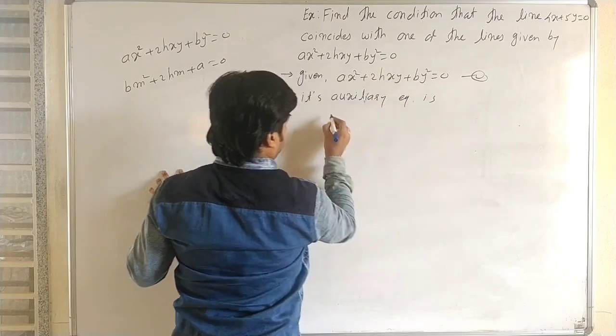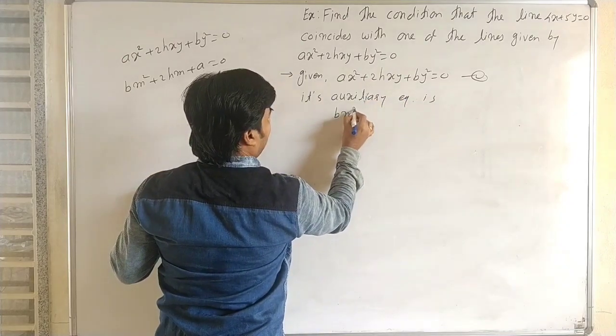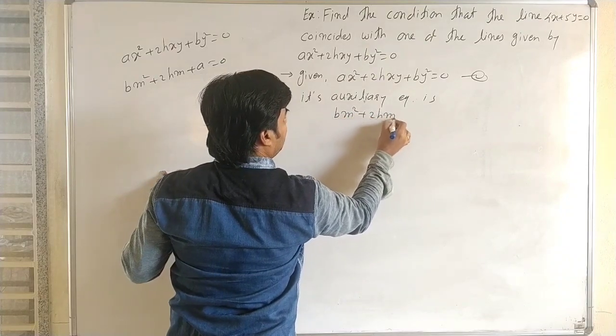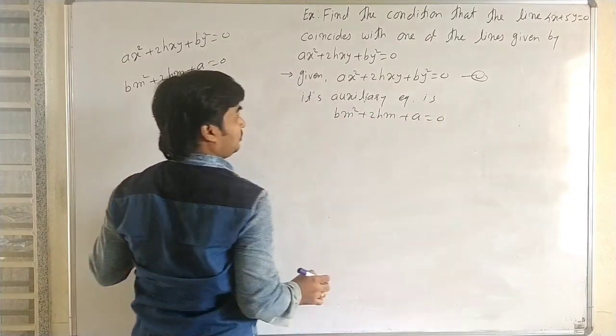Its auxiliary equation is bm square plus 2hm plus a is equal to 0.